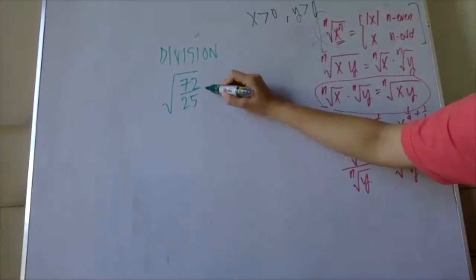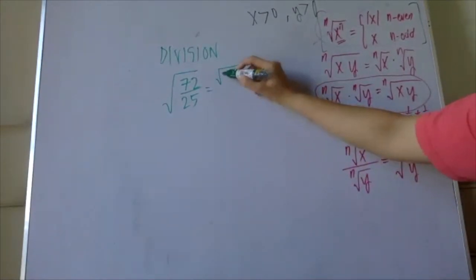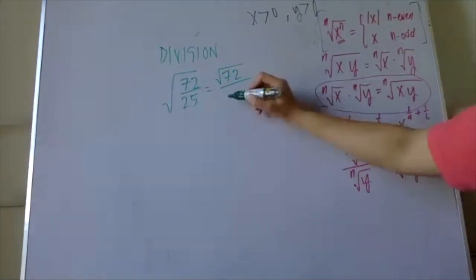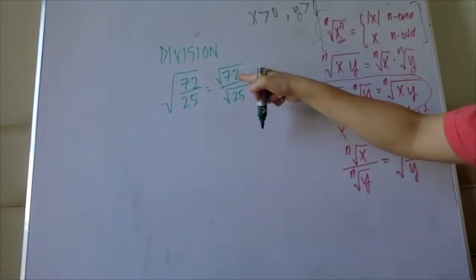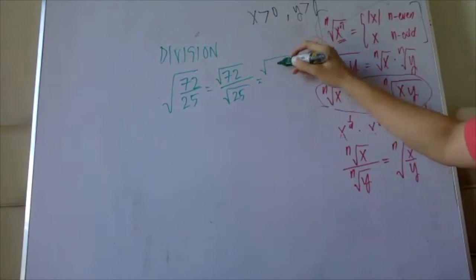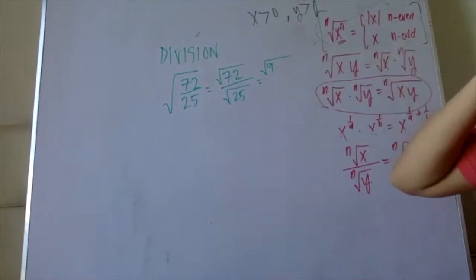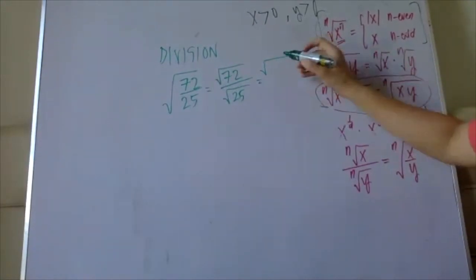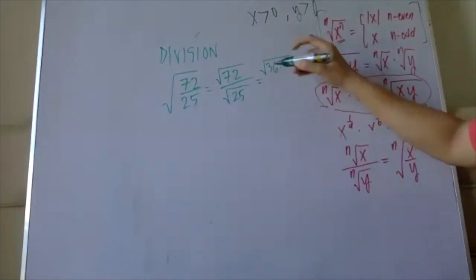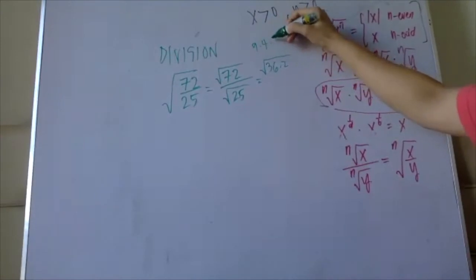So, paghiwalay natin siya. Okay? Ito, anong factors niya na perfect square? That would be 9 times? Actually, 36 na lang. Para mas madali. 36 times 2. Pwede ring 9 times 4 times 2.